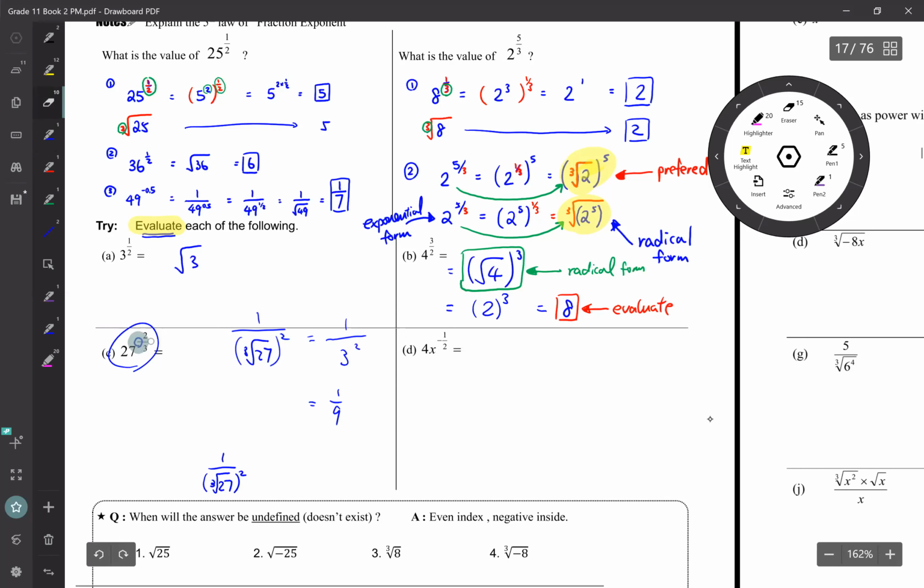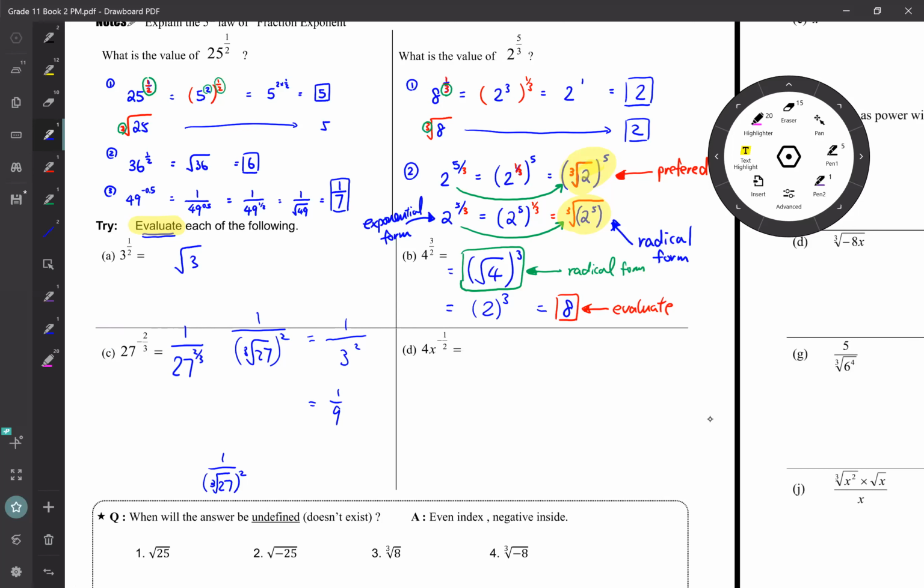I bring it down, and negative 2/3 becomes positive 2/3. Because 2/3 means having a cube root and a square, I rewrite it like Harry did, or Jenny, both the same. Jenny's answer here is the radical form.